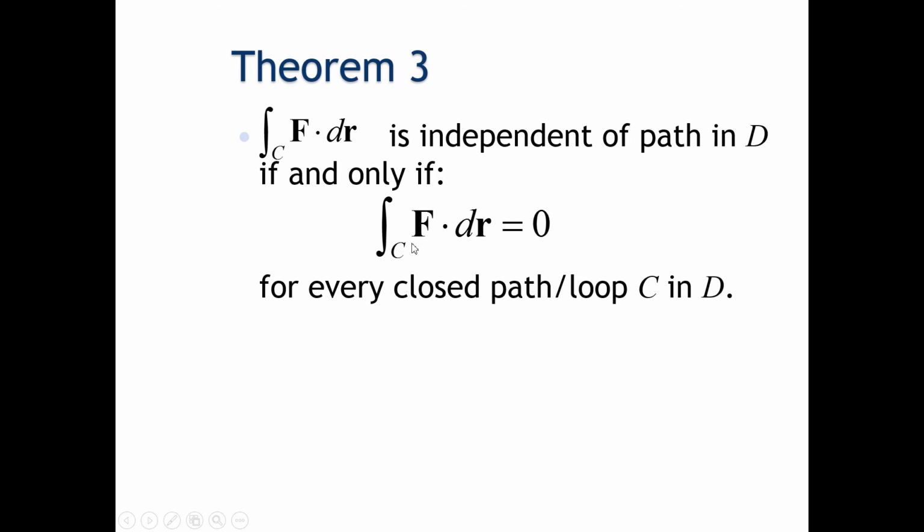So the next theorem is again about line integrals, and according to this theorem, the line integral along the path C of F dot dr is independent of path in D if and only if the integral of F dot dr along C is equal to 0 for every closed path or closed loop C in D. A closed path is sometimes called a closed loop as well.